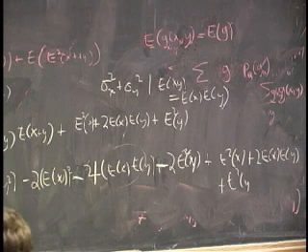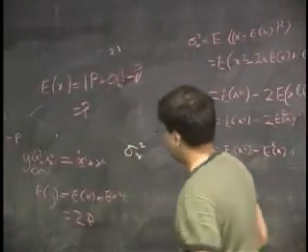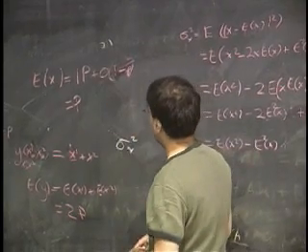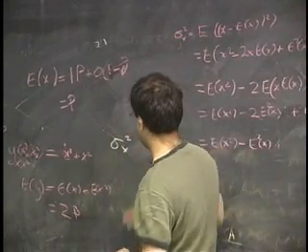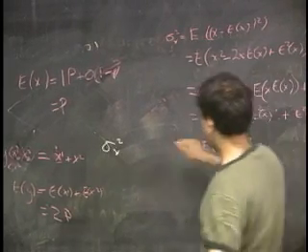So over here, if we're trying to compute the variance of this, all you really need to do is compute the expected value of x squared minus the expected value of x, squared.